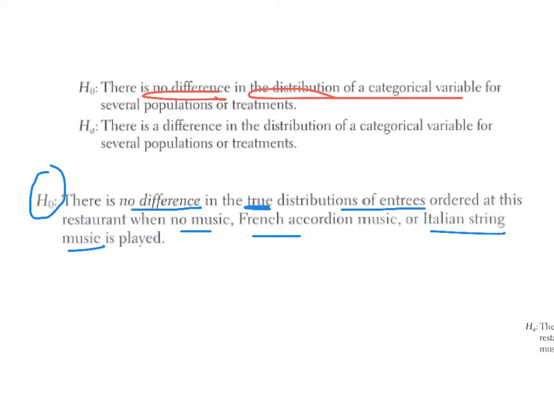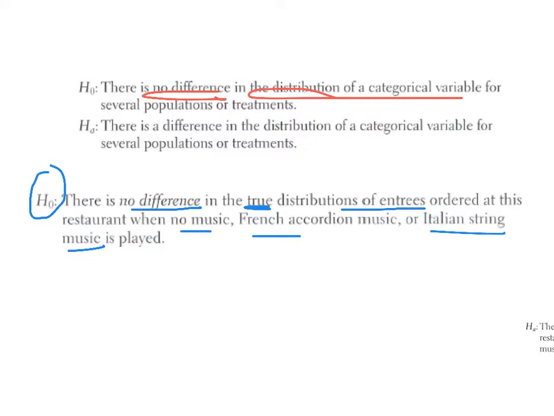I do specifically list the different types of music as well. Regardless of which of these 3 types of music is playing, I have no difference in my true distribution of entrees. Meaning, if there's no music playing, I should have a third, a third, a third. French music playing, a third, a third, a third.